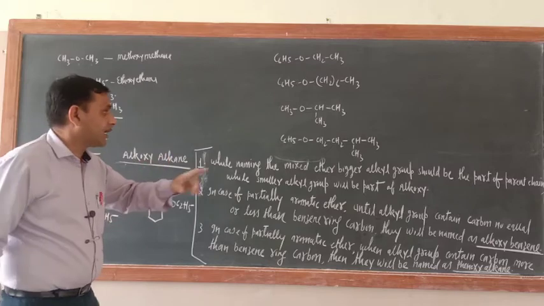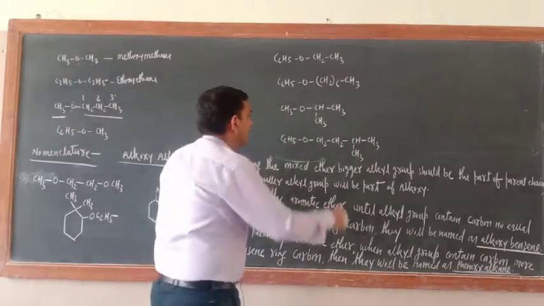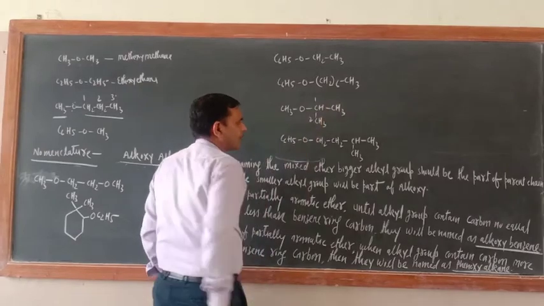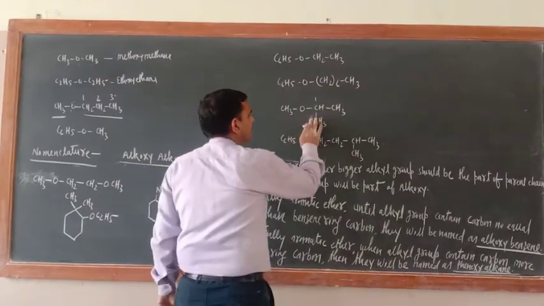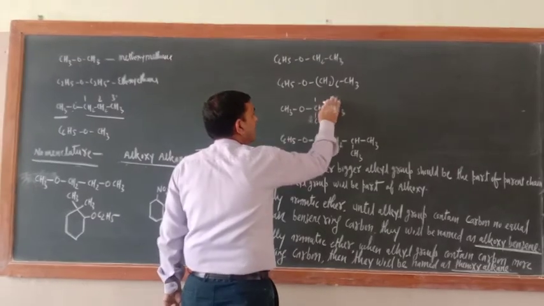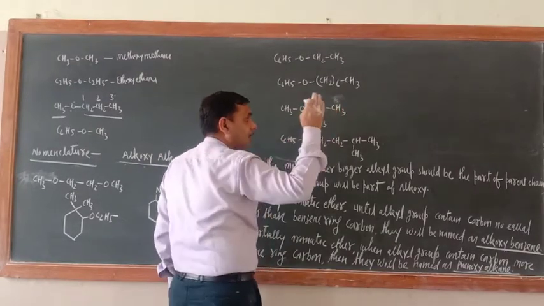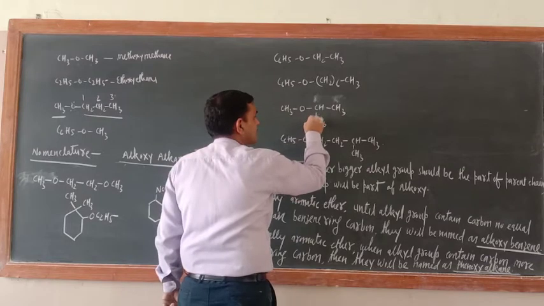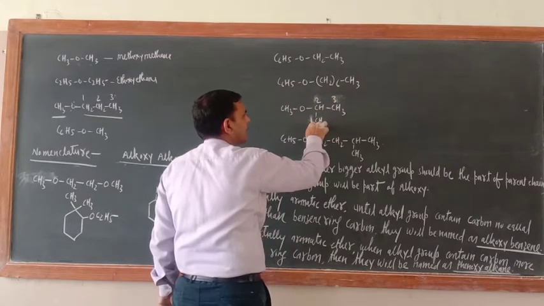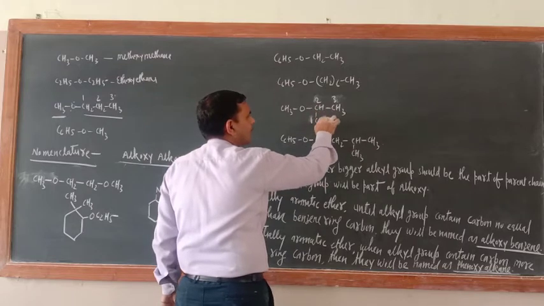Like here, this should have been 1 and 2, but this is a violation of the longest continuous chain. So 1, 2, 3. Are you getting my point or not?